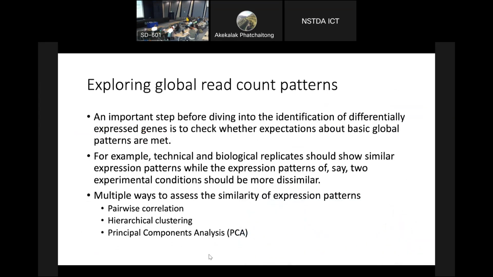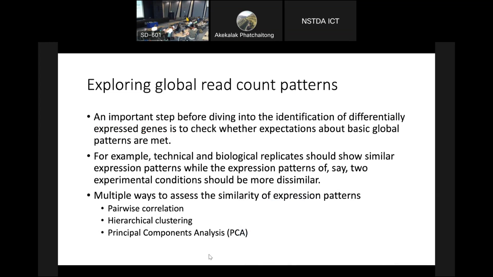So how can you do visual inspection? An important step before diving into the identification of differentially expressed genes is to look just to see whether the basic global patterns are satisfied. For example, if you have technical and biological replicates, they should cluster closer to each other rather than be haywire somewhere else, right? So those with similar experimental conditions should come closer.